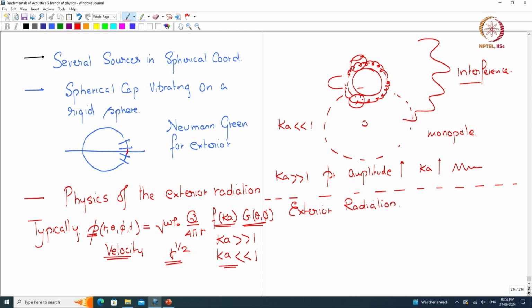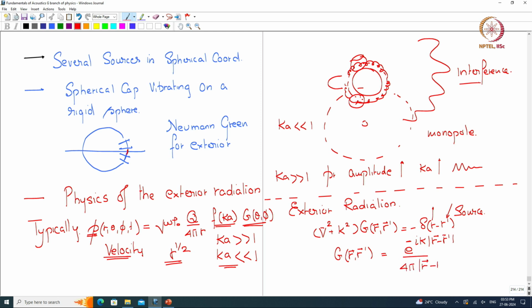Suppose we have this del square plus k square, the Green function G of r comma r dash, is equal to minus delta of r minus r dash, so that my Green function g of r comma r dash, this is the receiver, this is the source, is given by e to the power of minus i k magnitude r minus r dash, by 4 pi magnitude r minus r dash.